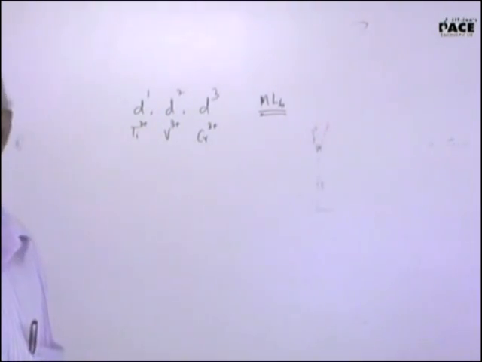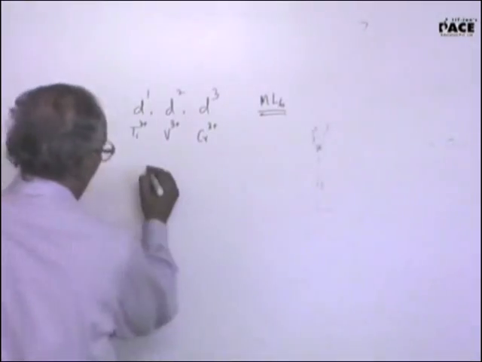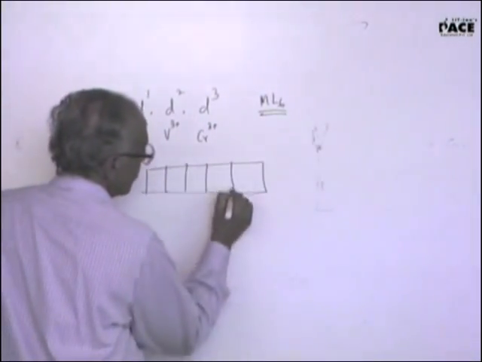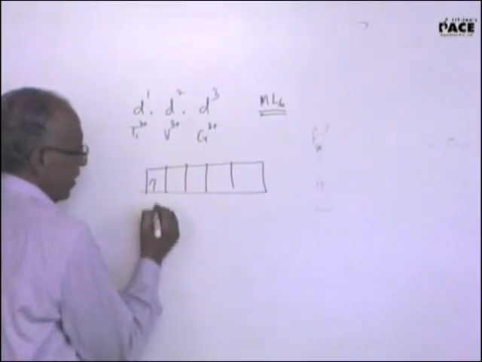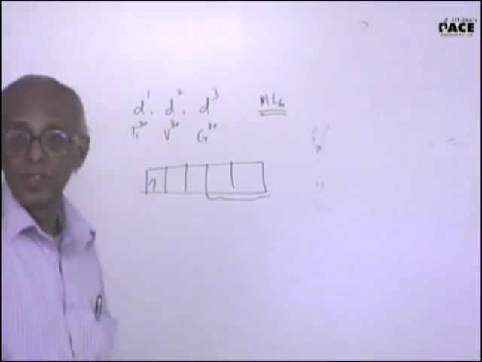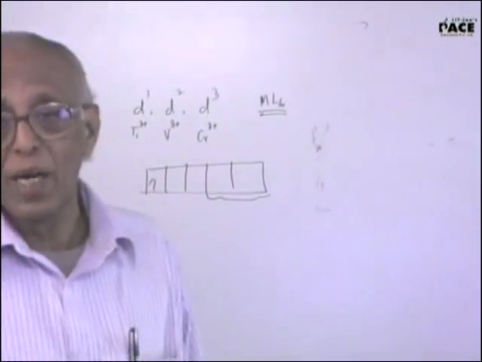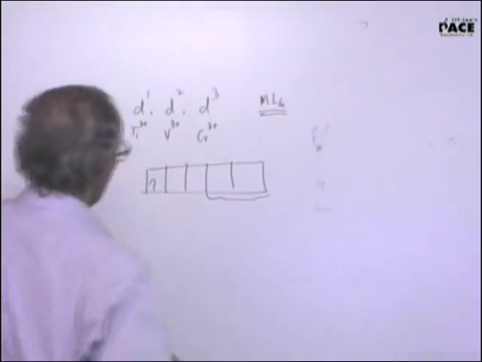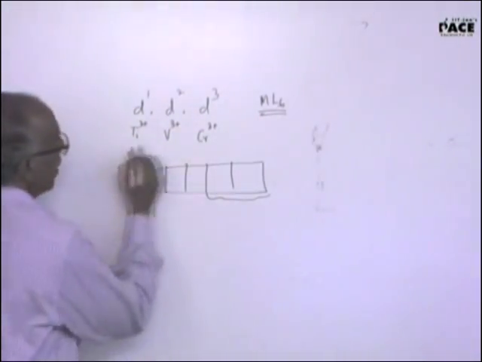What will be the hybridization? I have 5 d orbitals. When it is d1, I have vacant d orbitals. I need only 2. Even if more than 2 are available, only 2 are required.